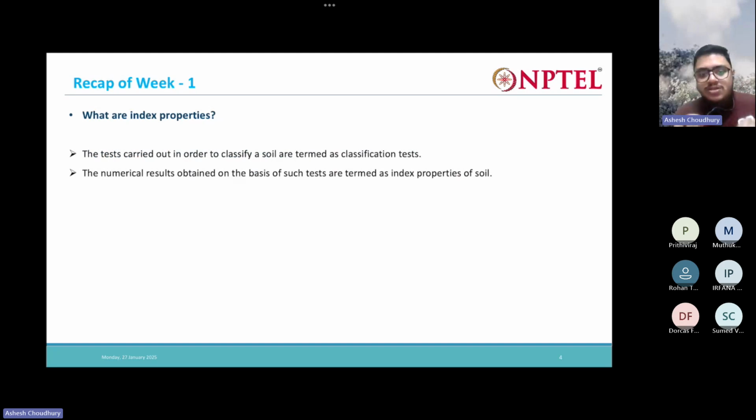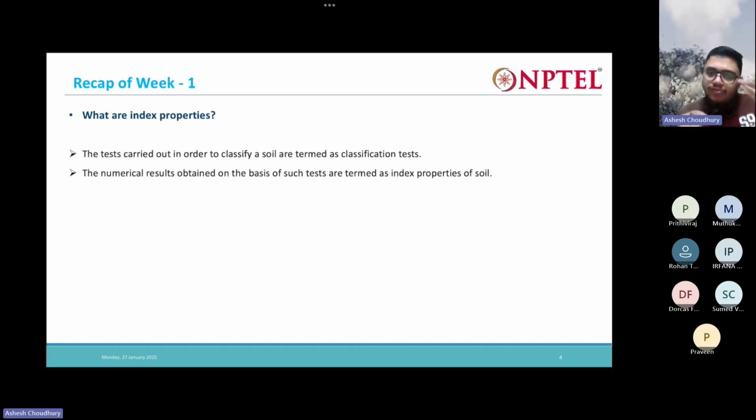So the index properties of soil are numerical values that will assist us in numerically classifying the soil. Soil classification we will study in detail in future classes, and we will solve some examples to see how we can classify different types of soil.